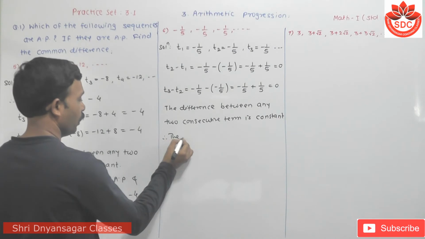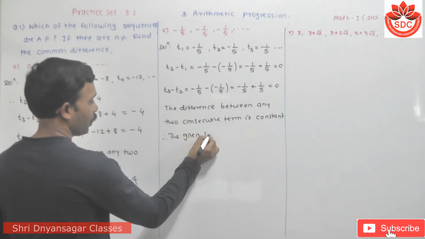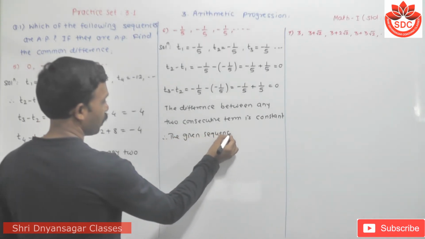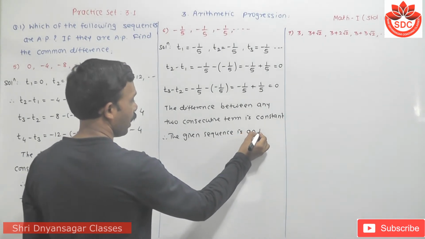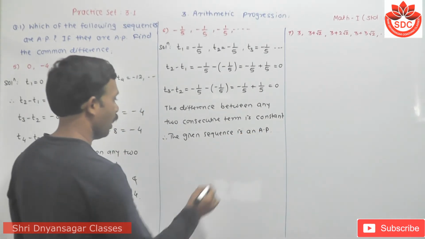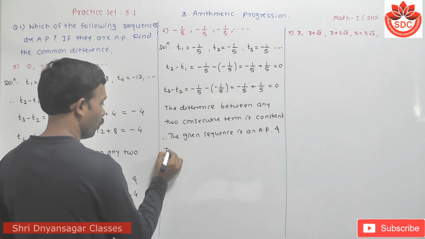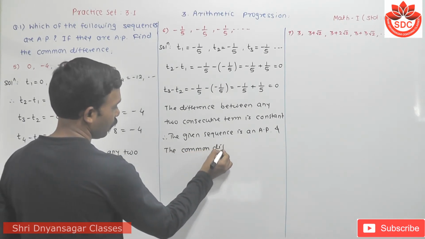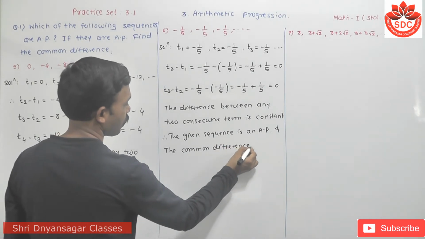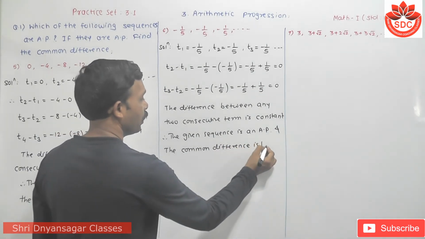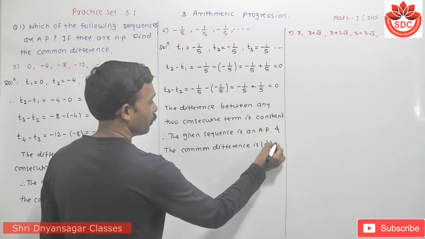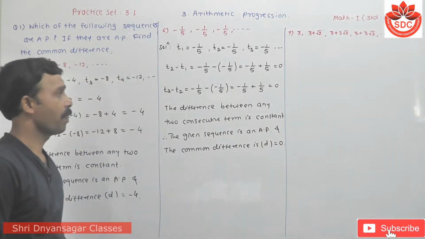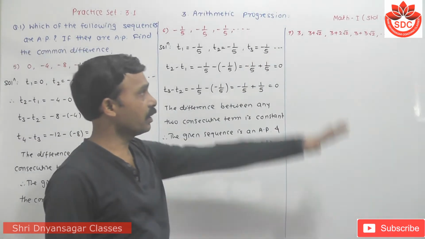Therefore, the given sequence is an AP and the common difference is how much? D is equal to 0. Then we take the next question, question number 7.